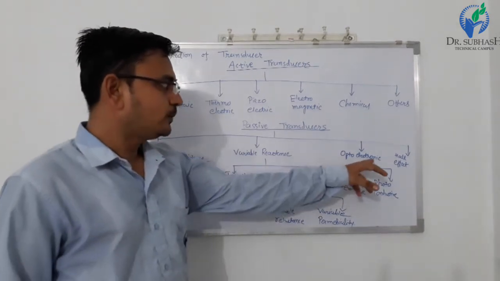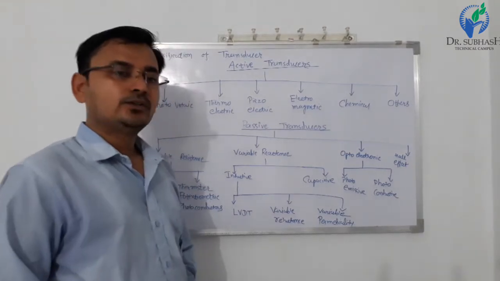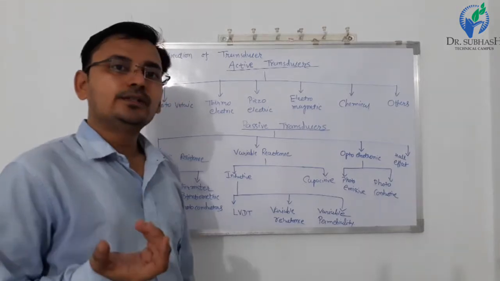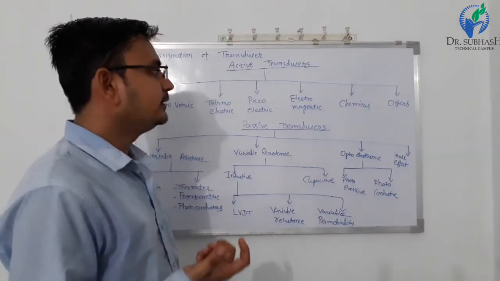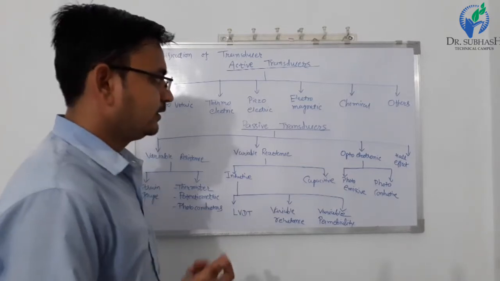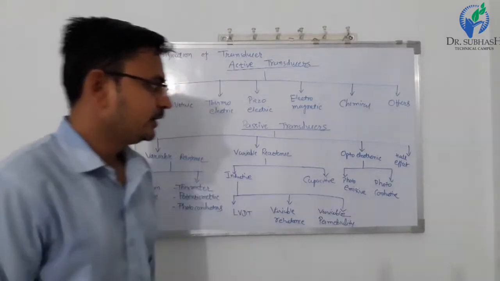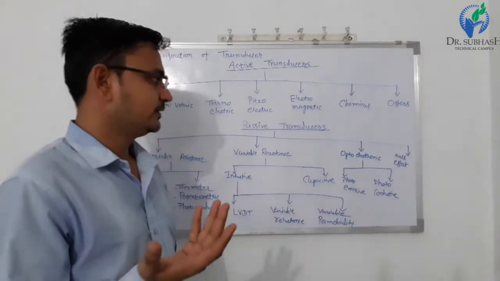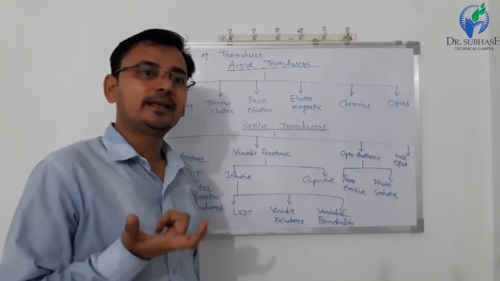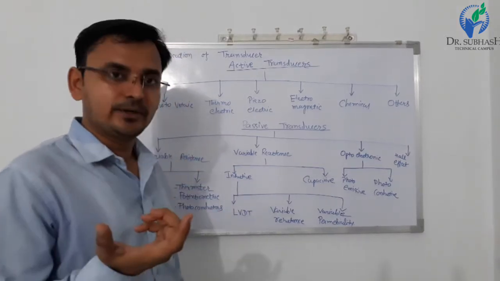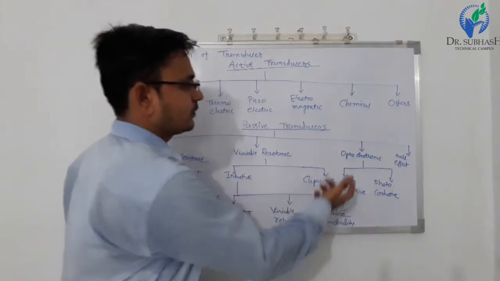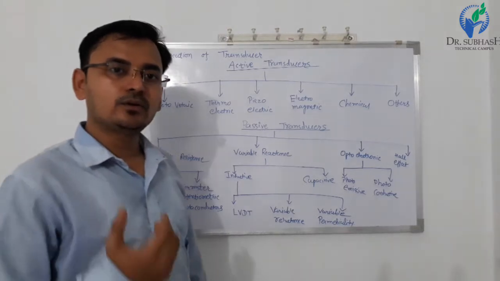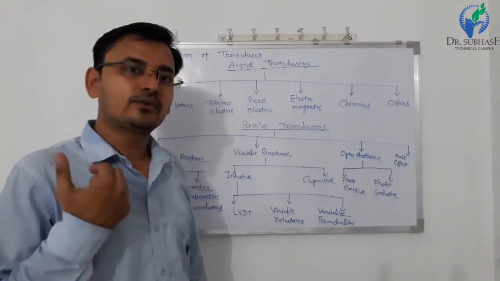Another one is the optoelectronic transducer. In these optoelectronic devices we are using some rays. First one is photoemissive. Photoemissive means some light is emitted from the transducer. For example, LED, light emitting diode. It is a photoemissive device. Then photoconductive. The opposite of photoemissive is photoconductive.